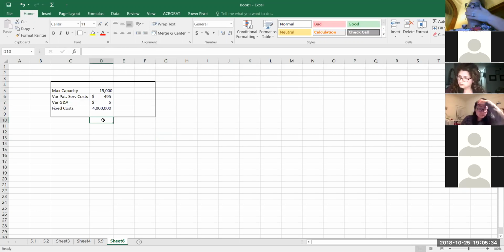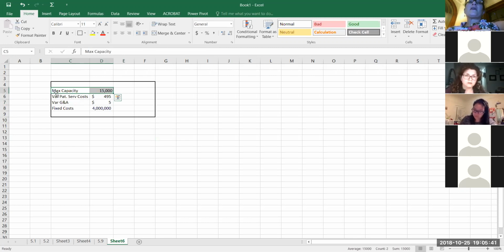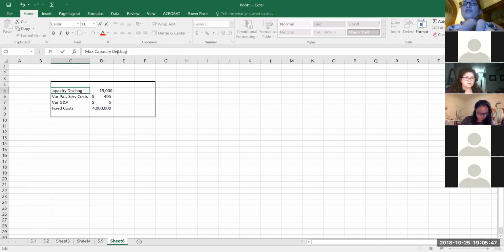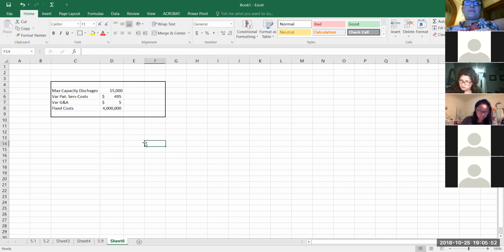Before we go to the first question that they're asking, let me go back. So we've got maximum capacity, which is in discharges, right? Does somebody want to tell me which one of these items are the units? Because a lot of what we're doing is rate and unit analysis.